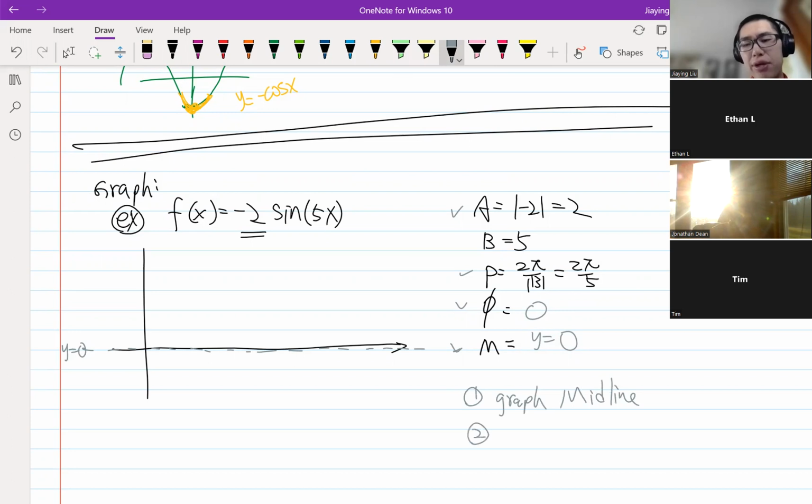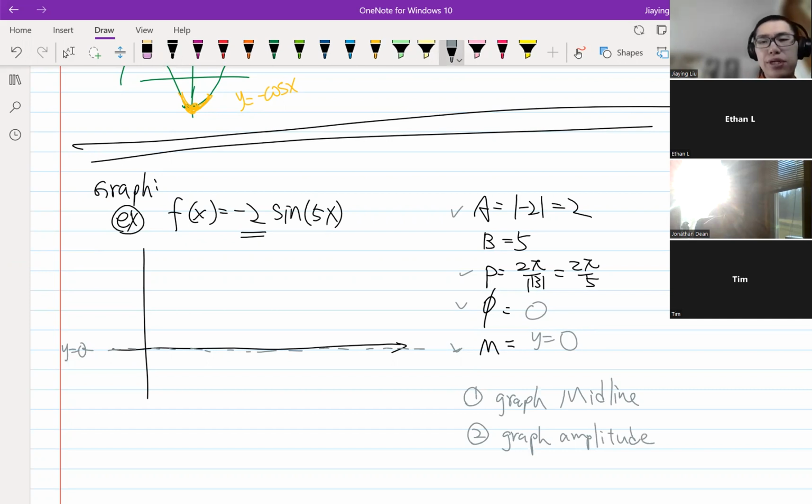And from there, we're going to graph the amplitude. What I mean by that is we actually use the amplitude to graph where the maximum and minimum of the function will be. So amplitude is equal to 2. So we're going to go 2 units up, 2 units down. So let's say this is 1 unit, 2 units, 1 unit, 2 units.